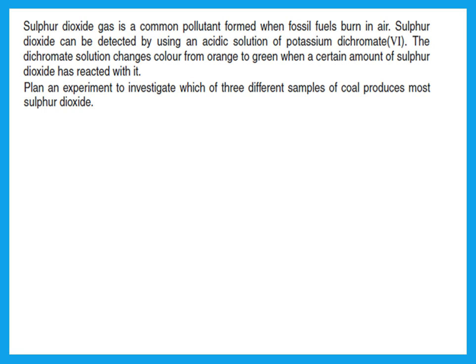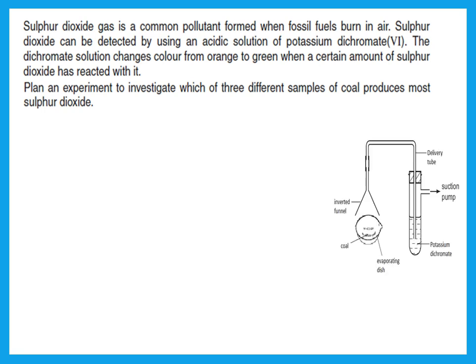I want to know which one gives more sulfur dioxide gas. So what should I do? The sample of coal I can put into an evaporating dish and burn that. Okay? And then collect the gases that come out using an inverted funnel, pass it through potassium dichromate solution, and measure the time taken for what?